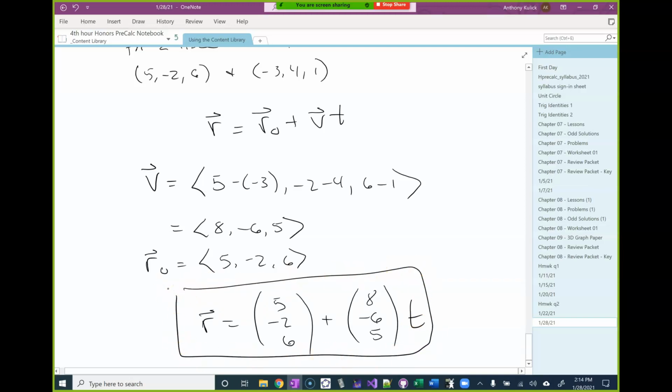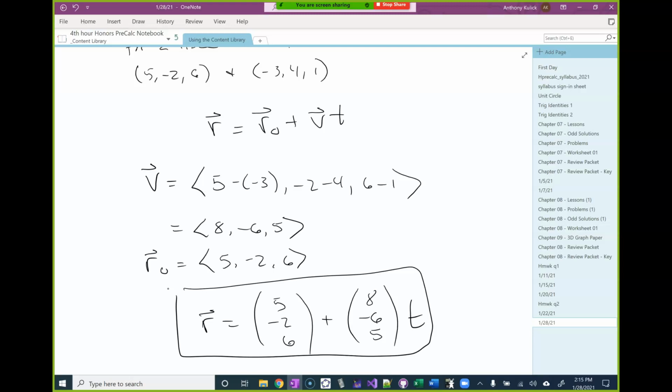So that's it. No big deal, right? It's just like rewriting the numbers. So I'm just using either of the 2 points and turning that into a vector. Okay.